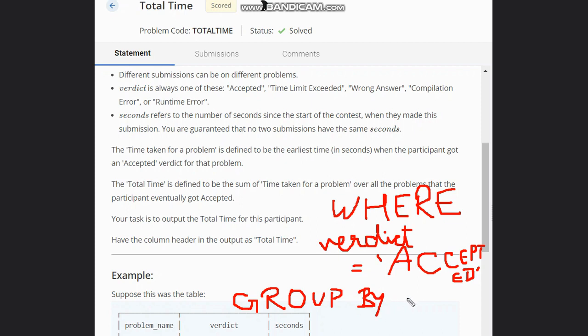Problem name, because we need to have it for all the problems.